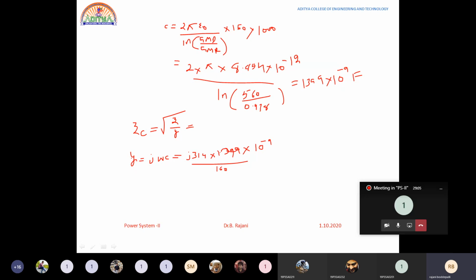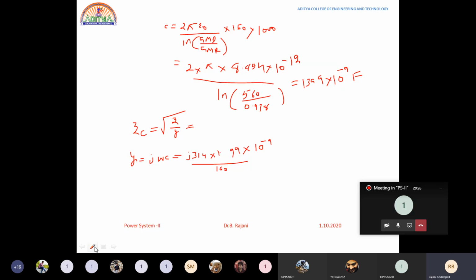So, in order to get this small y, I will be dividing with 160, because in capital Y only I will be multiplying with L. In small y, I don't need that. All of you get it cleared.